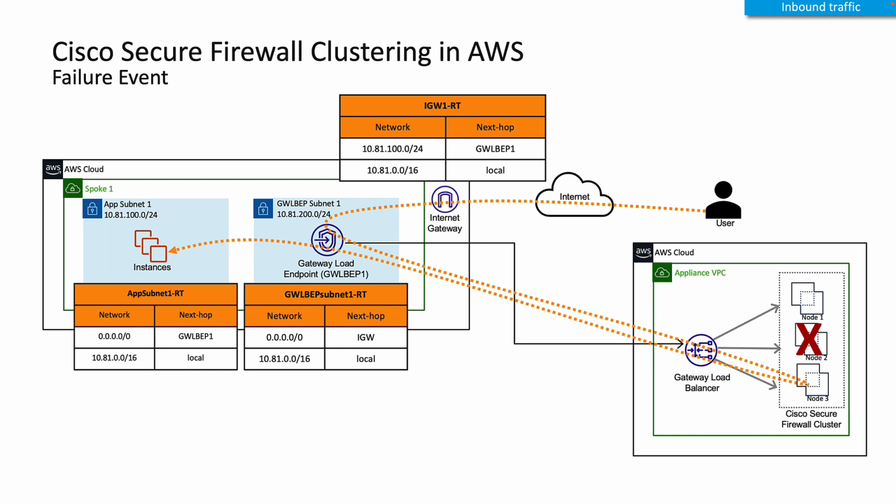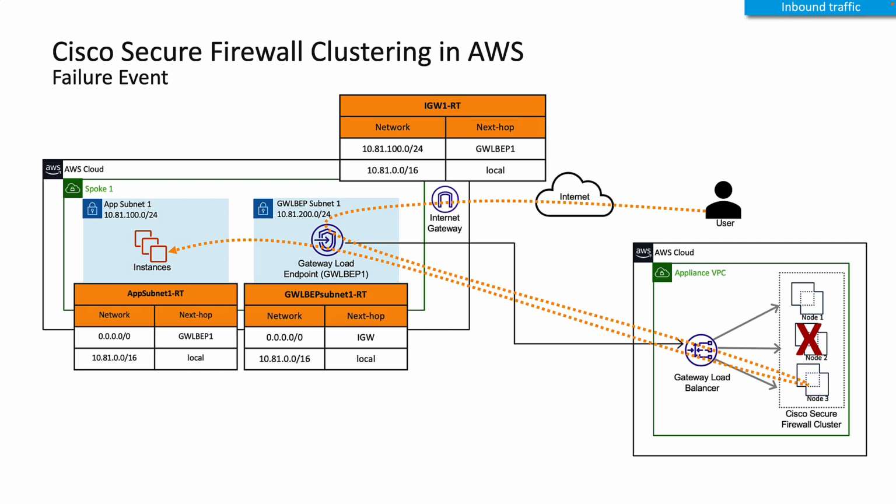So in the event of failure, as soon as node 2 is known as a failed device or the target is unhealthy, the load balancer is quickly going to rehash any flows going towards node 2 to a new instance or to the new target. This is how we receive traffic on node 3.